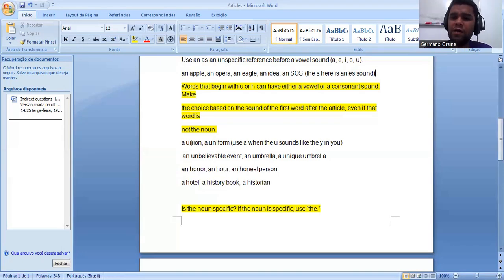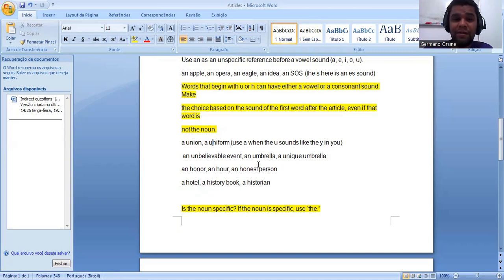Union. Look, U. It's a vowel, right? But we are using a, and a is used for consonant sounds. But the letter U in English has two sounds. When it sounds like a "you", just like the pronoun you, like union, uniform, what else?